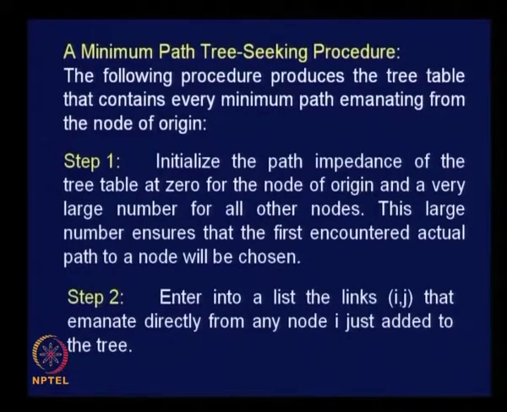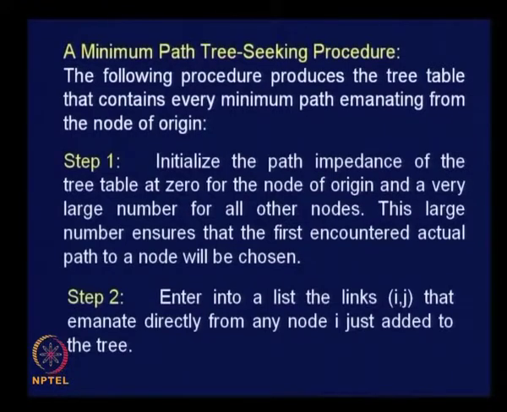Step 2, enter into a list the links ij that emanate directly from any node I just added to the tree, right. I will repeat, enter into a list the links ij, starting node, ending node details, I and j details that emanate directly from any node I just added to the tree.